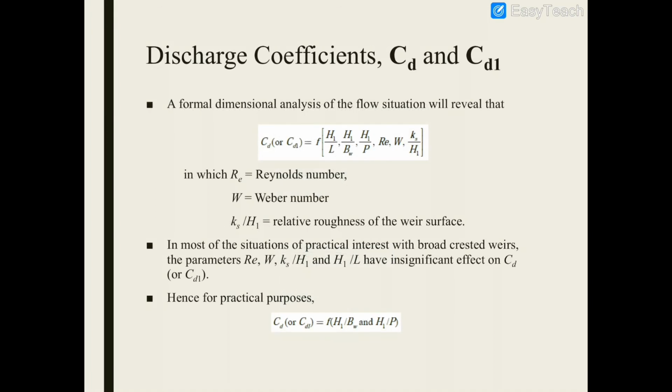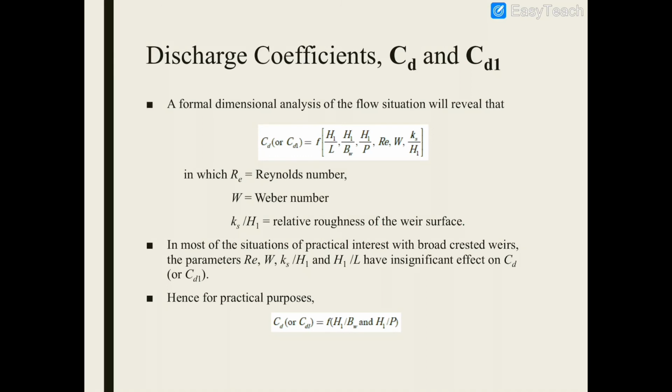Now let's see how to find discharge coefficients CD and CD1. A formal dimensional analysis of the flow situation will reveal that CD or CD1 are the function of H1 upon L, H1 upon Bw, H1 upon P, Reynolds number, Weber number, and Ks upon H1. Okay, where R is the Reynolds number, W is Weber number, Ks upon H1 is relative roughness of the weir surface.